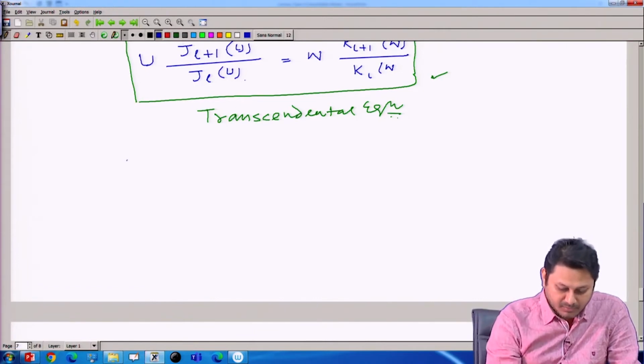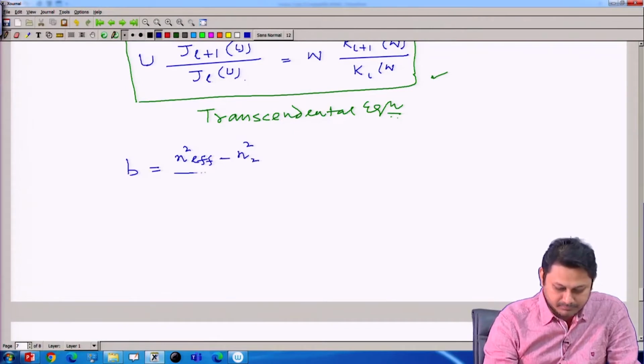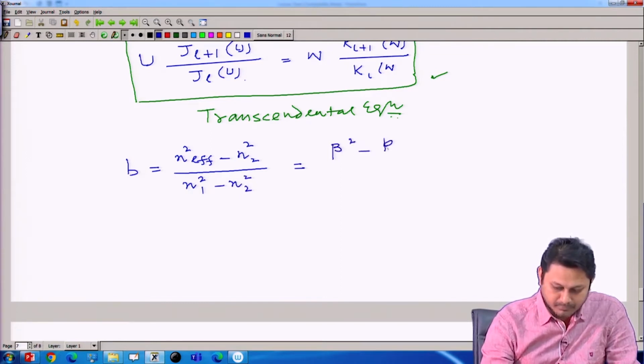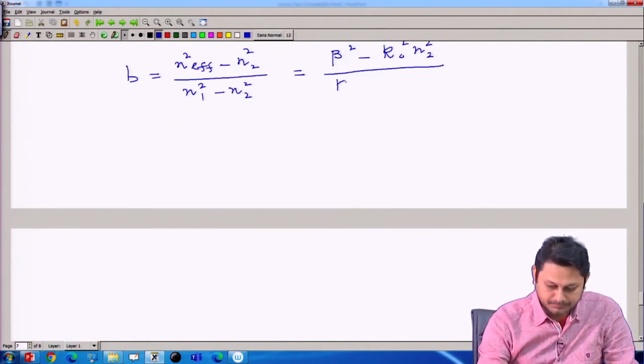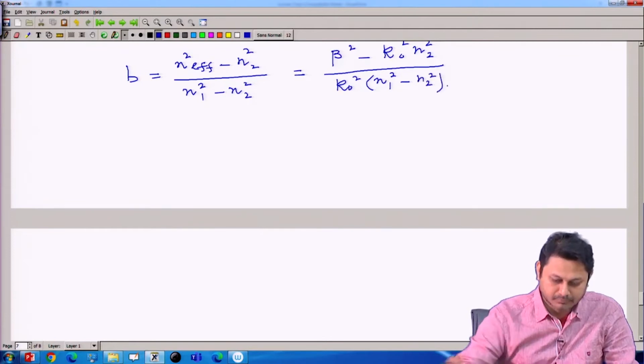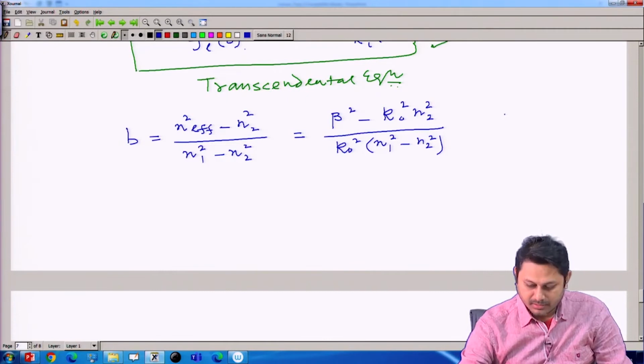Now, like the previous case that we did for planar waveguides, we are going to introduce this normalized parameter, normalized propagation constant B, which, you remember, is defined this way. Mind it, the N effective is beta divided by k 0.